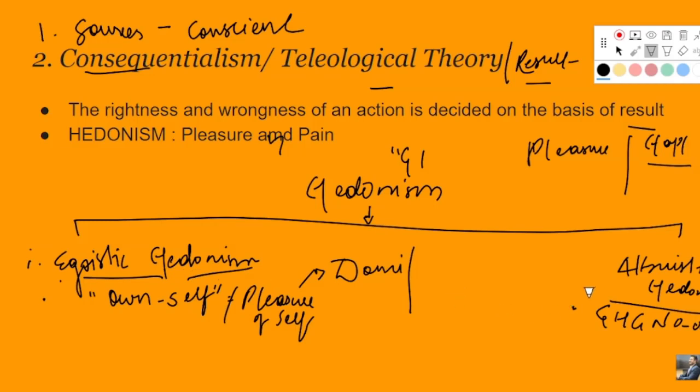And when we talk about consequence, teleology, and result, we will always have to take into consideration altruistic hedonism, right? So if a question asks what happiness means to you, and we advocate the idea of altruistic hedonism more than egoistic hedonism, then it will always add value, right?